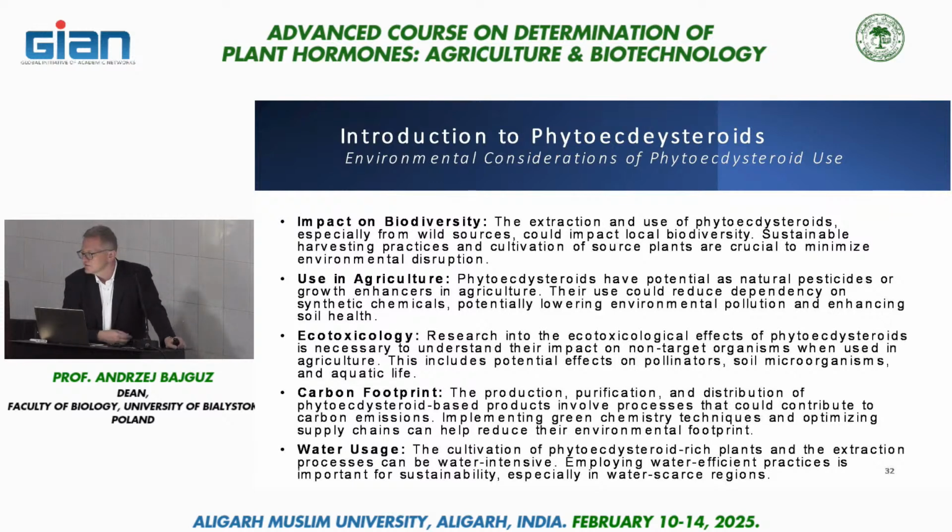Since plant cultivation requires water, efficient water management is essential to ensure phytohormone production remains sustainable. So while phytohormones offer many benefits, careful environmental management is necessary to balance the advantages with ecological responsibility.